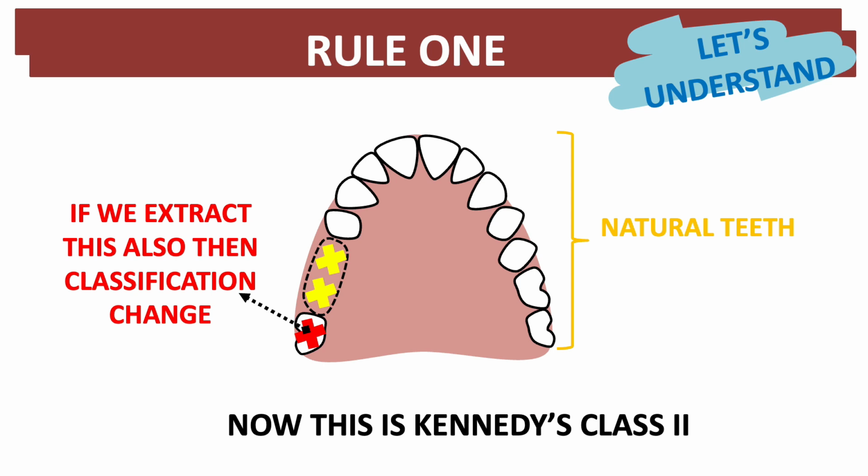Kennedy's class 2 is a unilateral edentulous area posterior to the remaining natural dentition. Now this is Kennedy's class 2; previously it was class 3. So any alteration we make, any extraction, should change the classification, and this is rule 1.